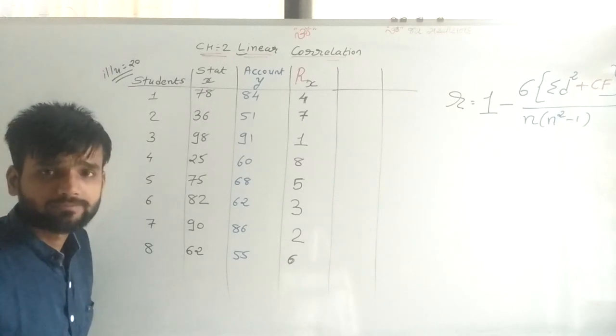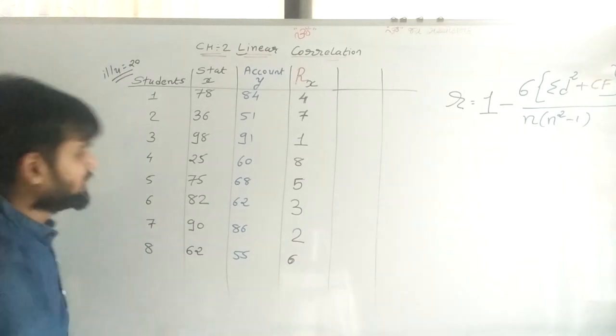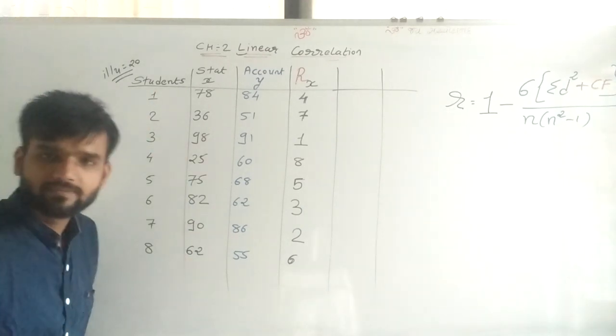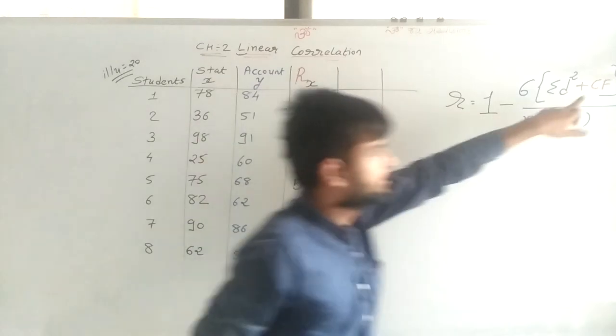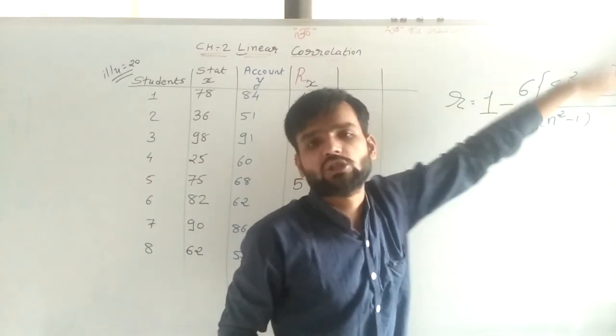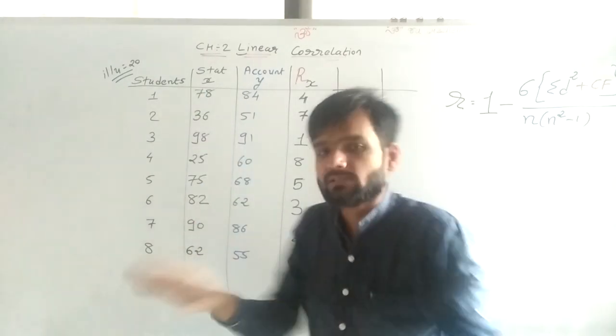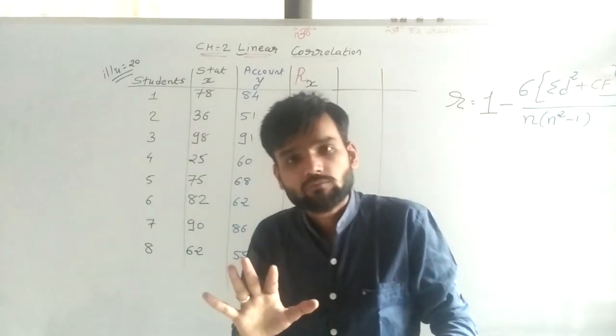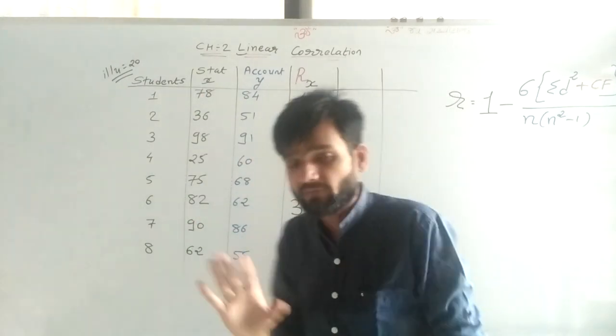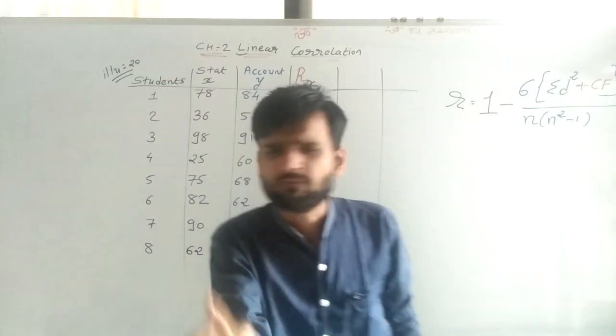And whenever different marks are there, then CF becomes 0. Here CF value is 0. Up to this level CF is 0. We cannot write a value of CF.